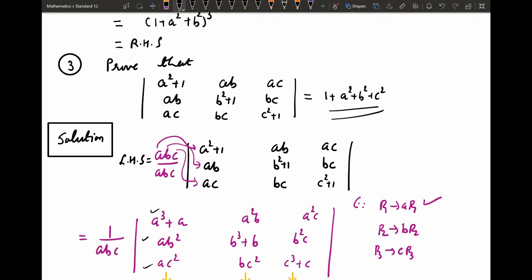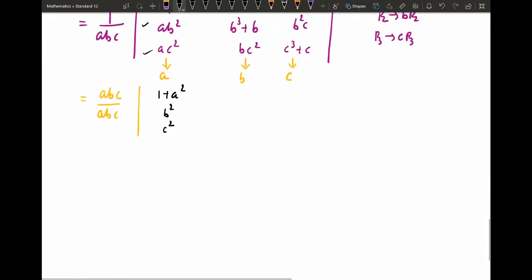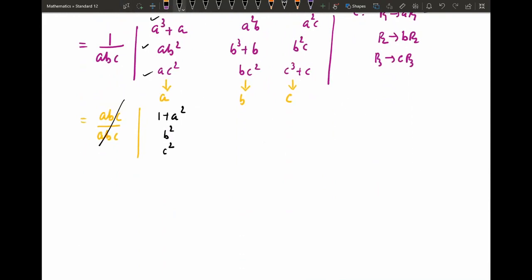Now from the second column we have taken B common, so this is a square, 1 plus b square, c square. From the third column we have taken C common, so this is a square, b square, 1 plus c square.